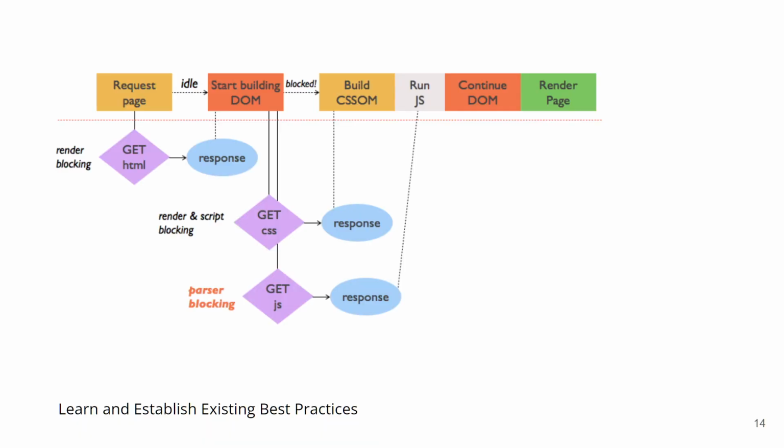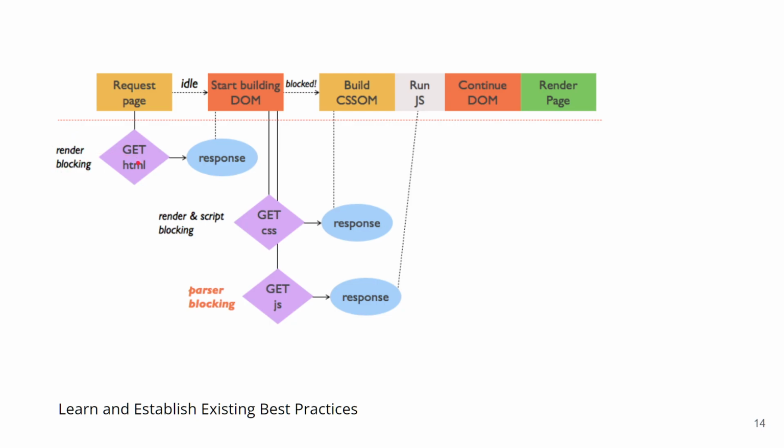Now, for the CSS loading patterns, we'll discuss first how a browser loads a website. So for this, you have your request page. If the browser has requested the page, it will get the HTML. So once you see render blocking, that means the browser doesn't render any content.